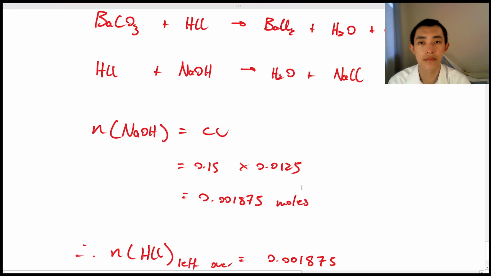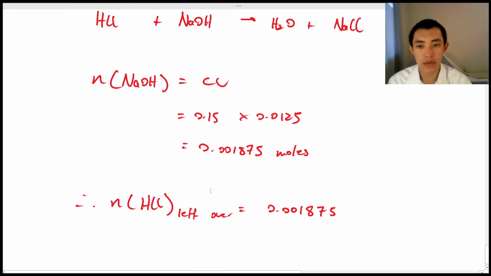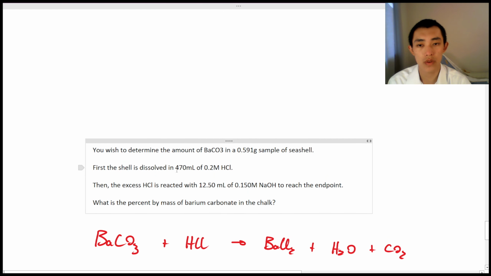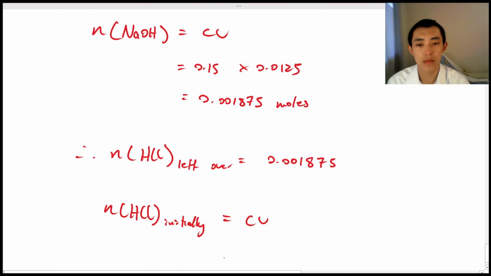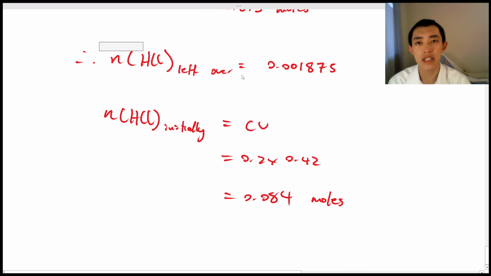Now let's figure out the moles of HCl initially. We were told there was 420 milliliters of 0.2. So initially we put in 0.084 moles of HCl. There's this number of moles left over.